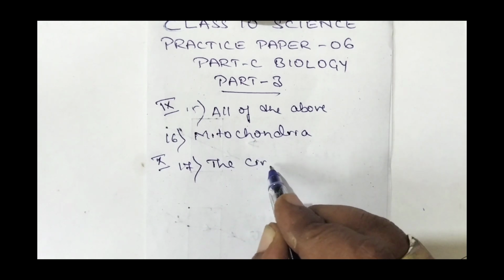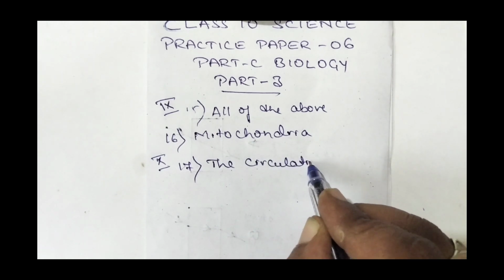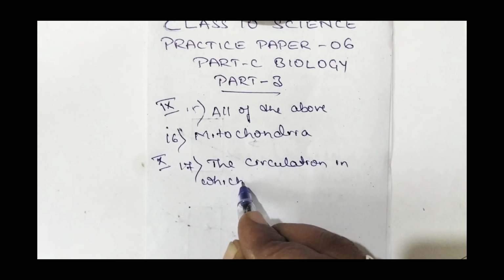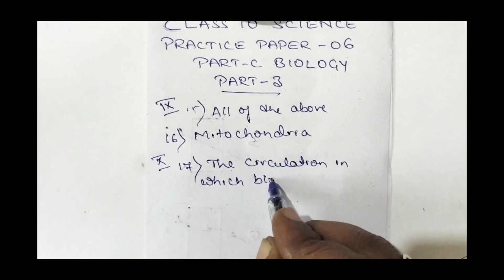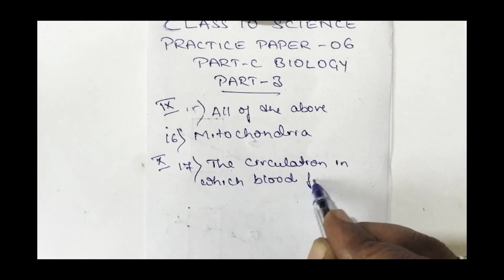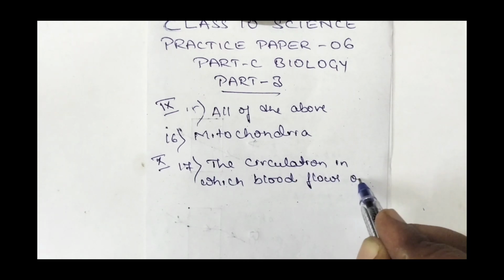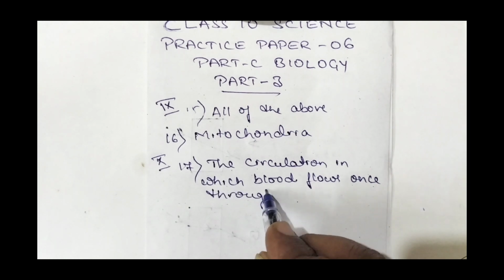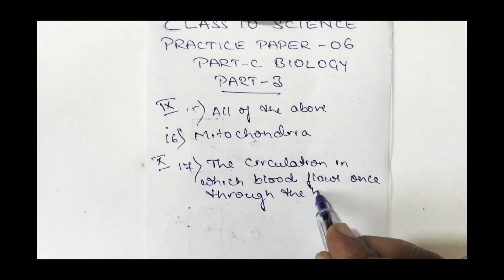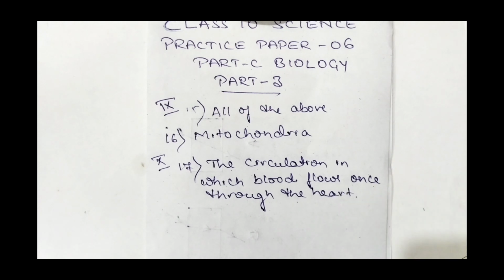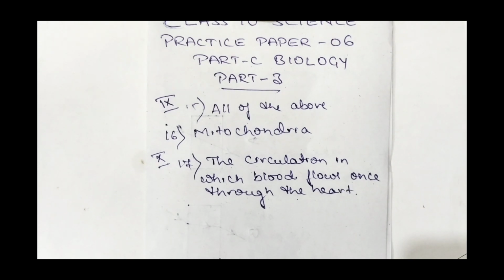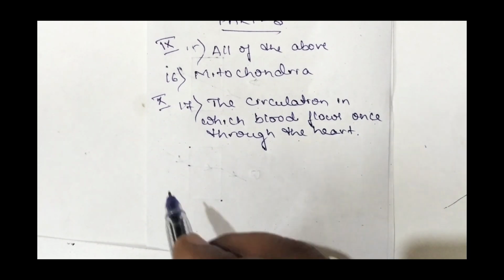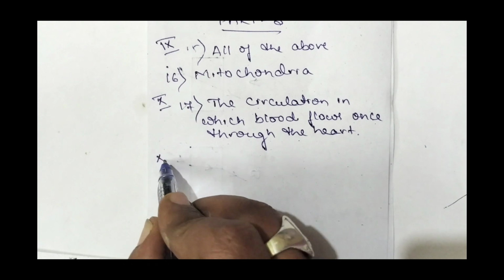The circulation in which blood flows once through the heart. If the blood flows once through the heart, then such a circulation is called single circulation. This single circulation can be observed in fishes.